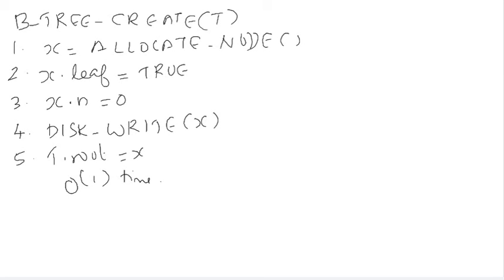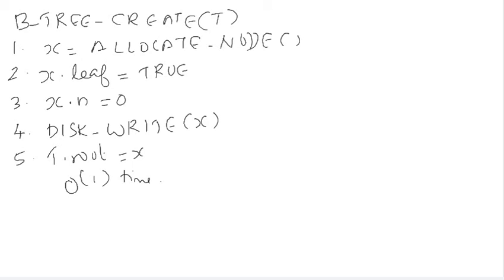There we'll create x equal to allocate node, then x dot leaf equal to true. So it will allocate one node, and we are setting it as a leaf node, that is the first node. Then x dot n is equal to 0, number of elements are 0, then disk write of x, then t dot root is equal to x.